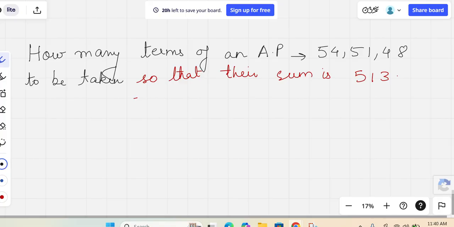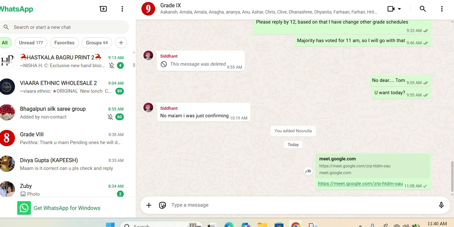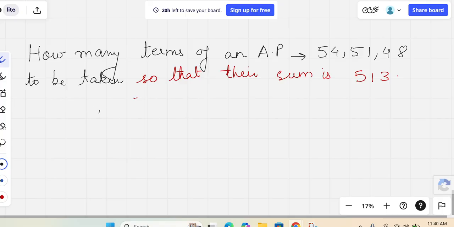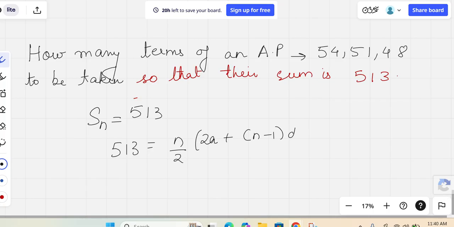How will you go about it? Ma'am, we first say Sn is equal to 513. So 513 is equal to n by 2, and using that formula, then we know that d is equal to 3 because it keeps decreasing by 3.